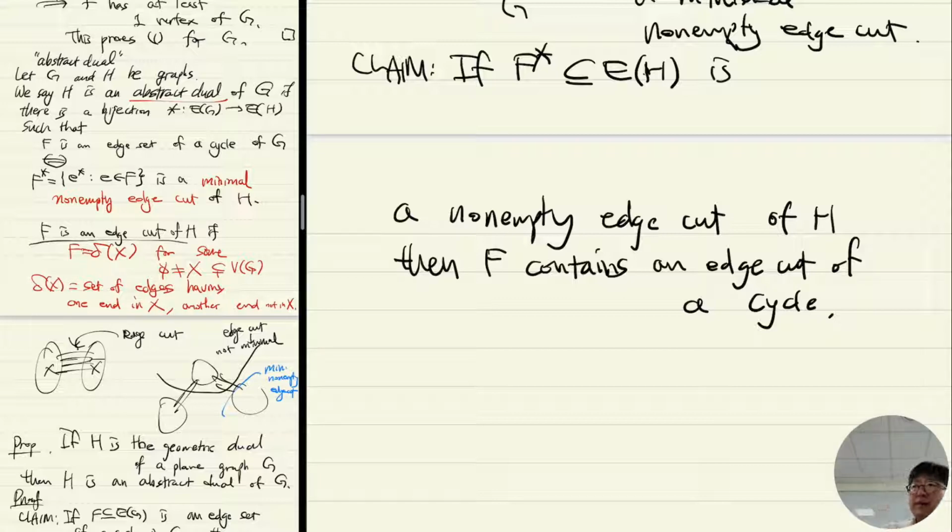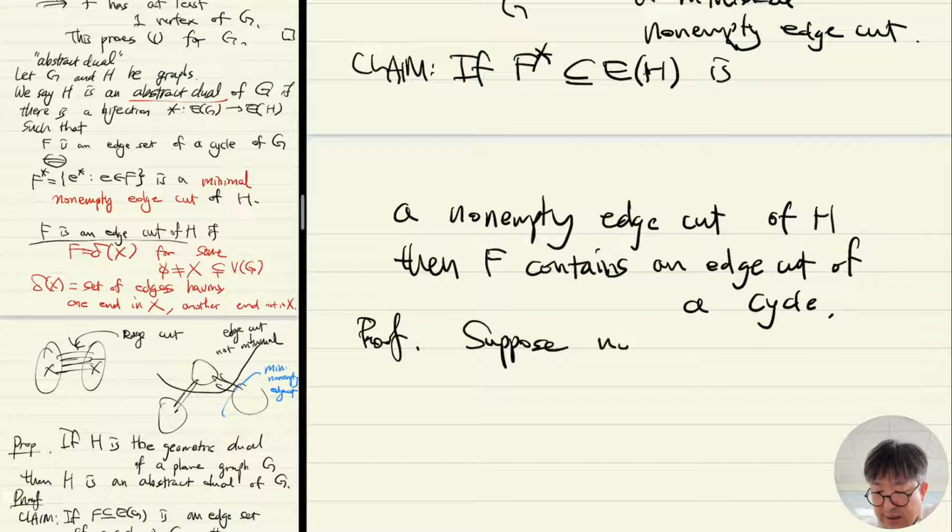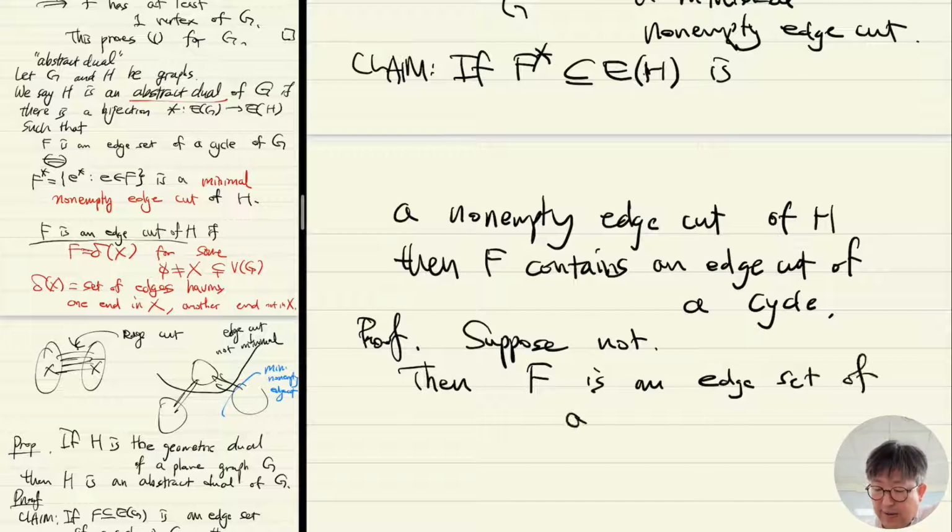Why? Proof. Suppose not. Then if F doesn't contain a cycle, F forms the edge set of a forest.